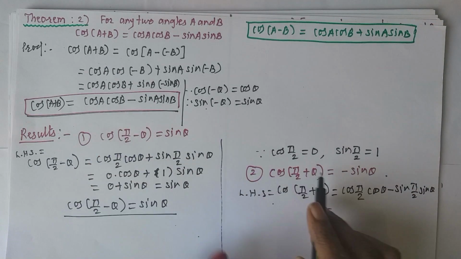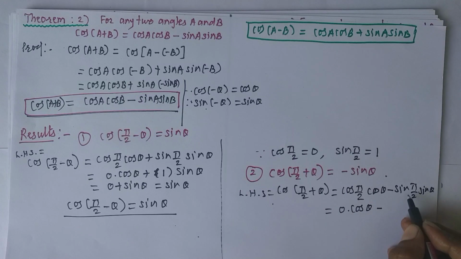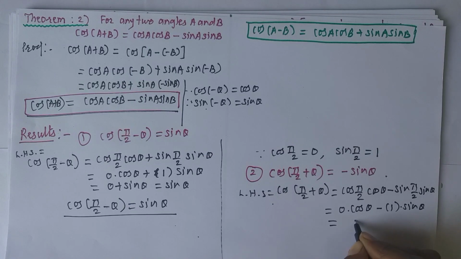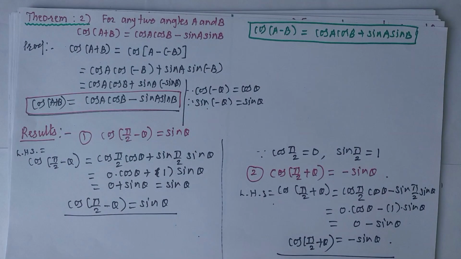The value of cos pi by 2 is 0 and sin pi by 2 is 1, so this is 0 minus sin theta, equal to minus sin theta. In this way we have got the second result.